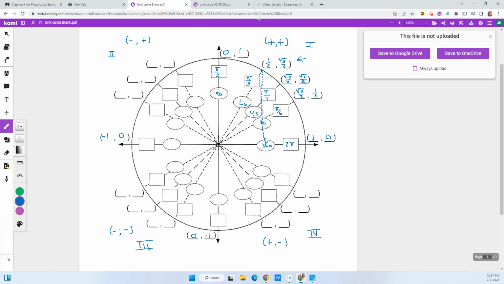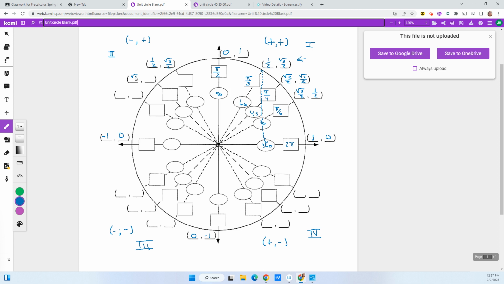So if we wanted to fill in the values of all of these, if I were to take this graph and I were to fold it on the Y-axis, all of these points would match up on the other side. So if I folded it on the Y-axis, this would be 1/2, radical 3 over 2.